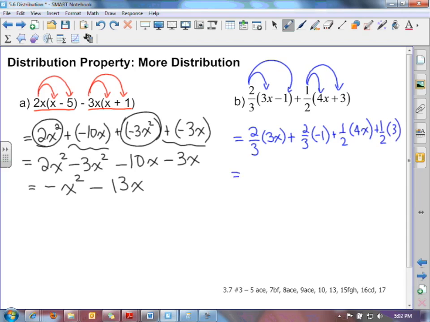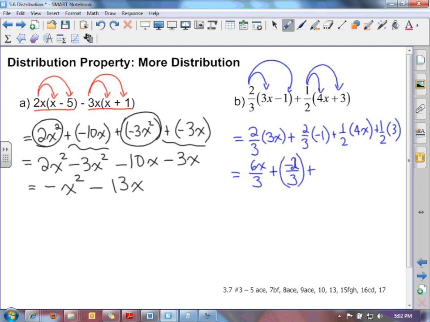So when we work with this, we're multiplying the numerators. So basically the 3x and the 2 multiply together, and the denominator stays as 3. So 2 times 3x becomes 6x over 3, plus negative 1 times 2 becomes negative 2 over 3. And I'm going to keep that as a bracket because we have a negative.